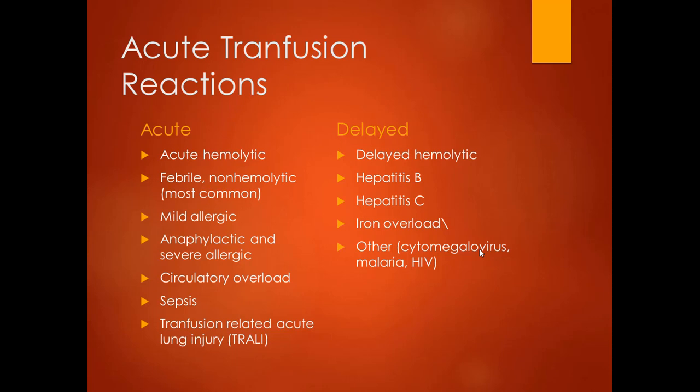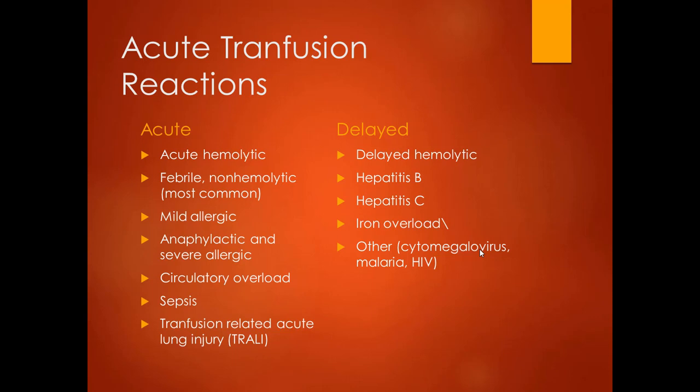So there are quite a few different types. Acute things that happen pretty much right away are the hemolytic, the febrile, the mild allergic. Might have an anaphylactic reaction or severe allergy attack from it.